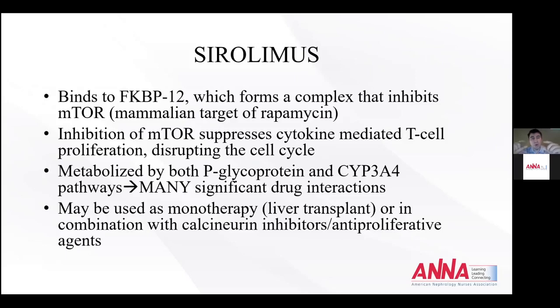So inside the T cell, you have sirolimus, the drug, and FKBP12, boom, binds. That complex is called mammalian target of rapamycin, or mTOR for short. The inhibition of mTOR suppresses the cytokine-mediated T cell proliferation or replication, and it messes up that cell cycle so it can't release the interleukins again.